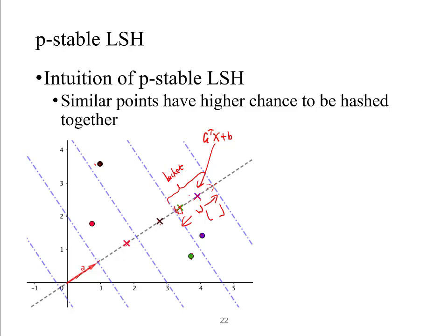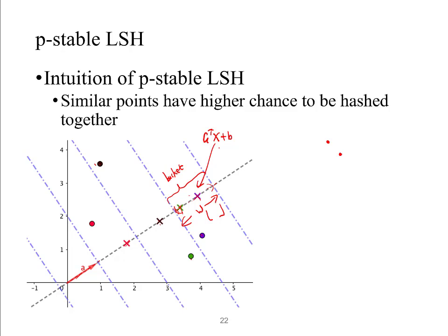Now, why do we say similar points have a higher chance to be hashed together? Let's consider 2 points that are close to each other. The effect of B is not that obvious.